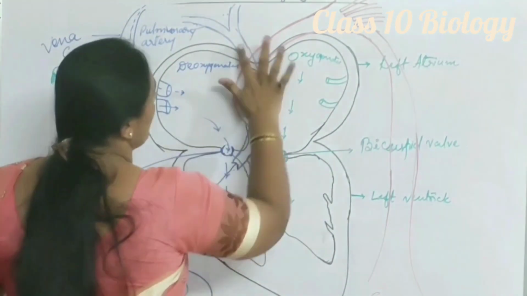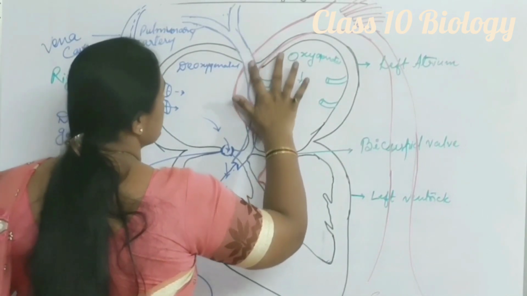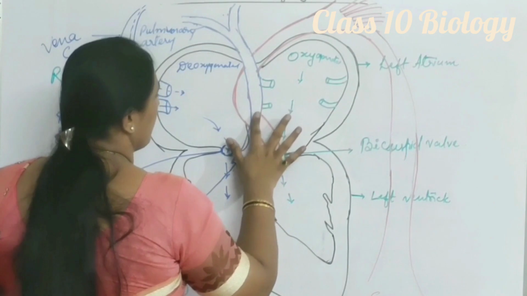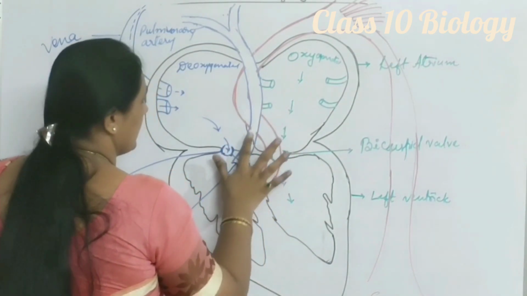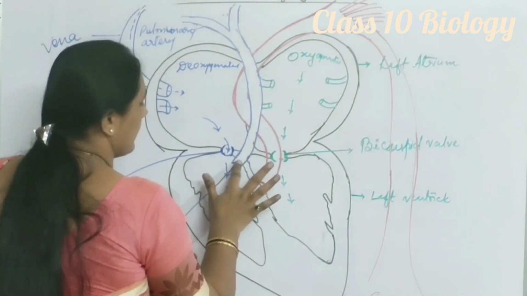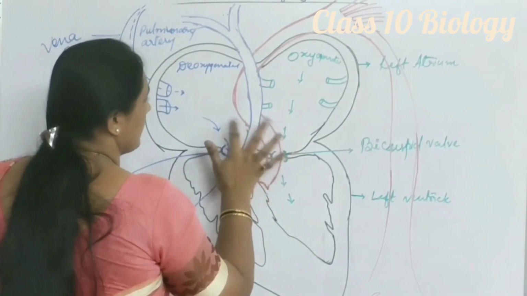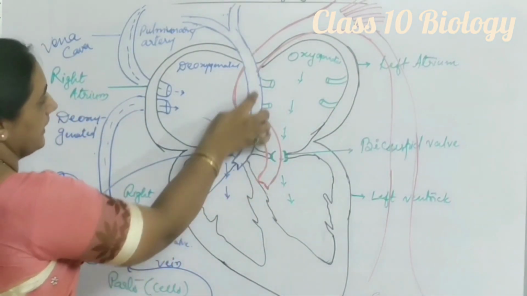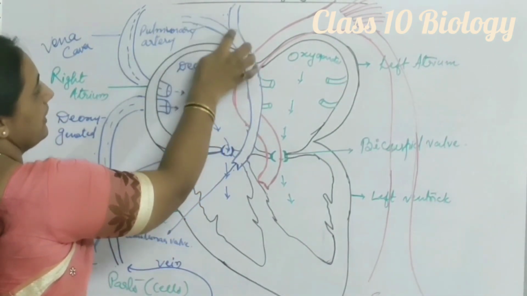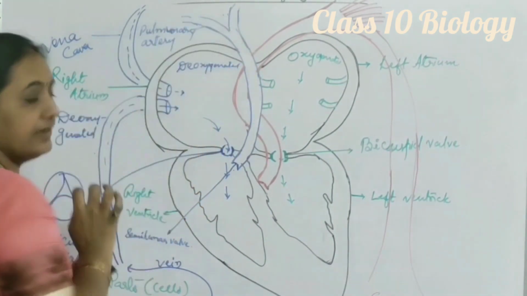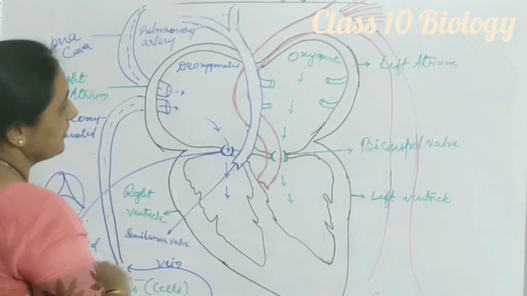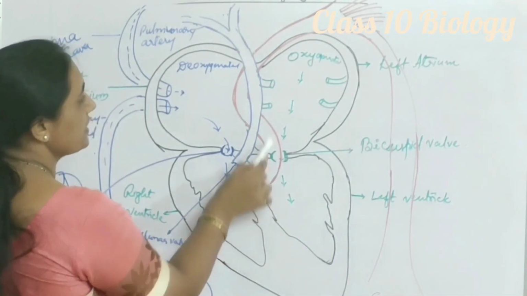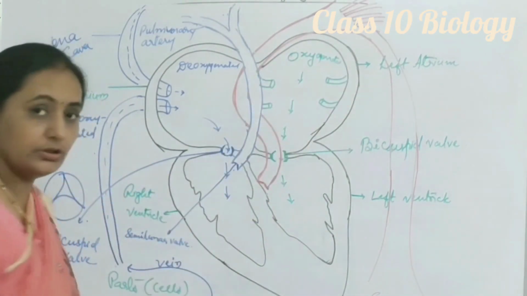I would like to rub this out so you are able to understand the pulmonary artery properly. This pulmonary artery originates from the right ventricle and carries deoxygenated blood to both lungs, one on the left and one on the right. This aorta originates from the left ventricle and carries oxygenated blood to various parts of the body.